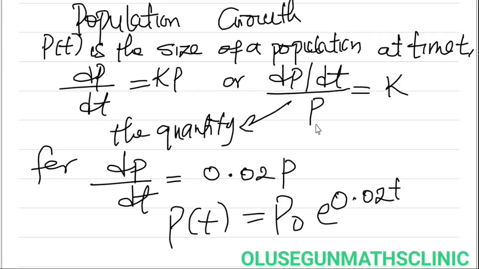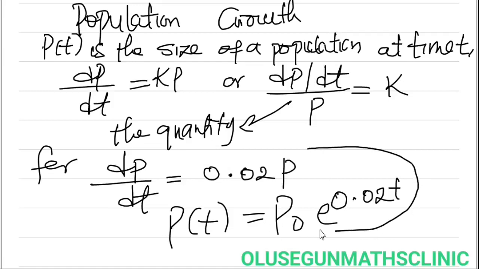For example, if we are given dP/dt equals 0.02P, then P is the initial value times e to the 0.02t.